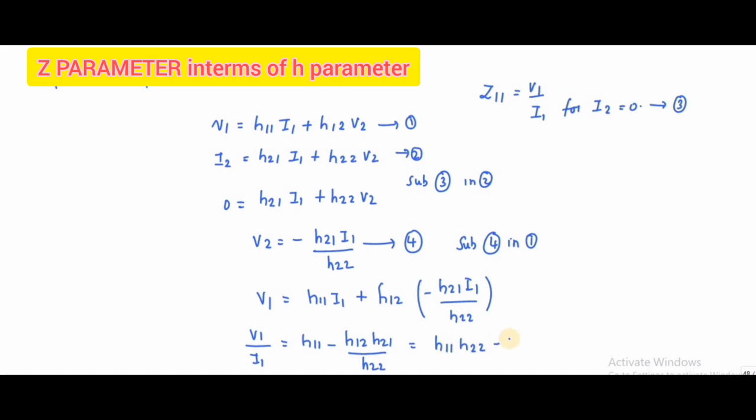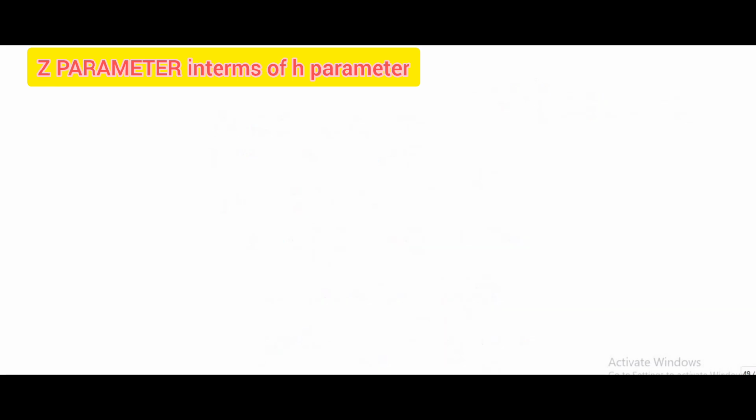So what is H11 H22 minus H12 H21? It is del H. So del H divided by H22. So Z11 is equal to del H divided by H22.